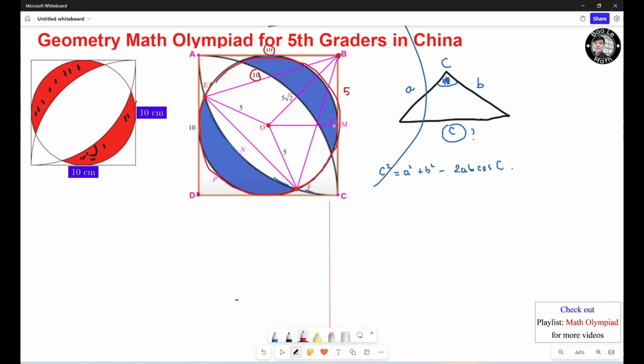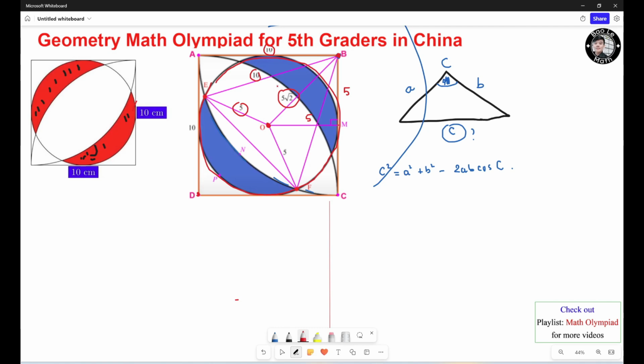OM is the radius of this circle, so OM must be half of DC, so OM equals 5. Using the Pythagorean theorem, you can calculate BO equals 5 root 2 for this triangle. Now, OE is the radius of circle O, so OE must equal 5.